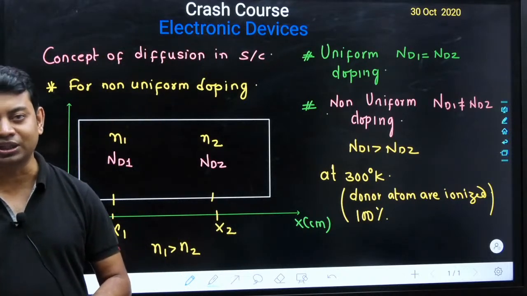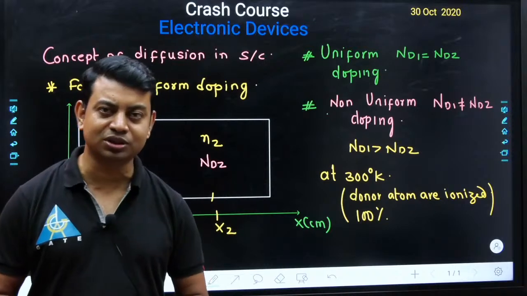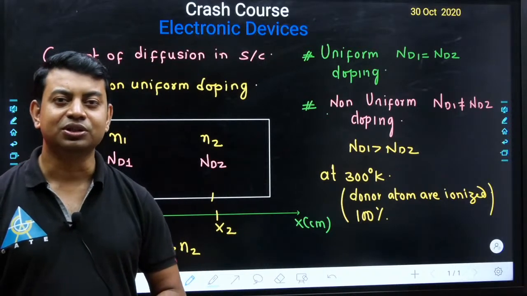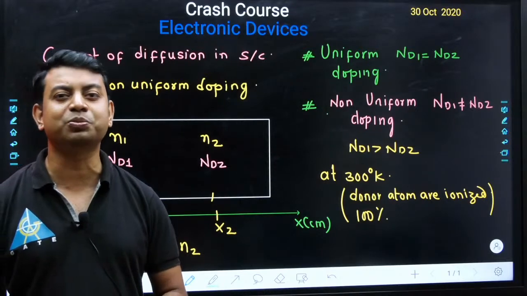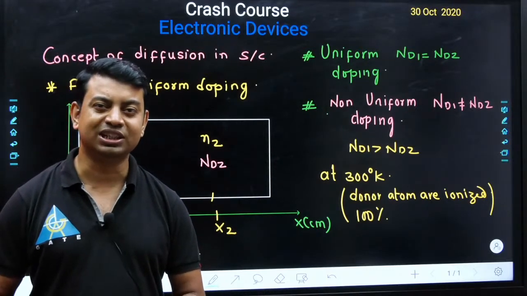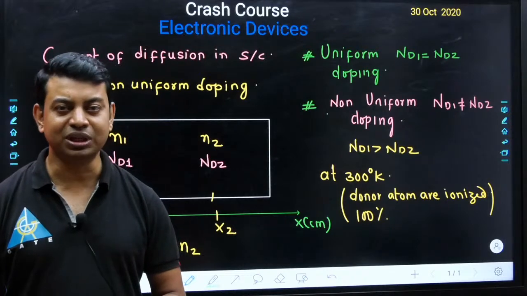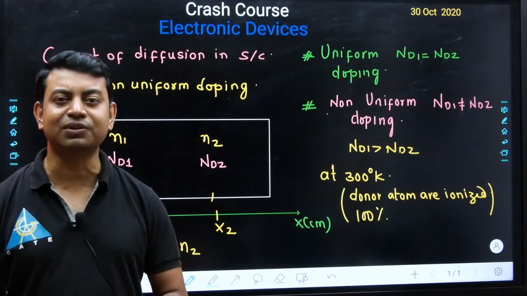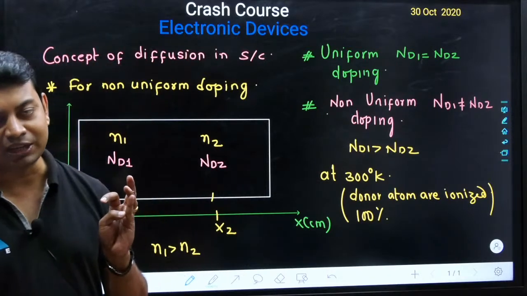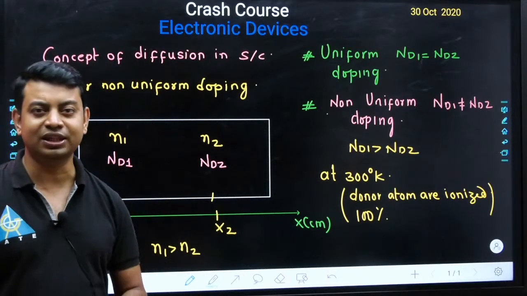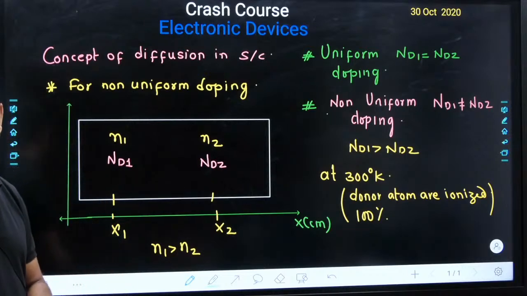Suppose we burn something and close it within a box, then what will happen? The smoke is coming out. The reason the smoke is coming out is because of the concentration difference. So, whenever there is a concentration difference, the microscopic particles in solid, liquid and gaseous material always move from the higher region to the lower region.